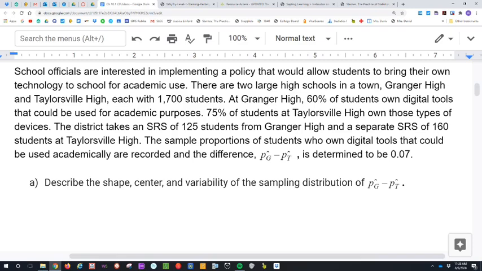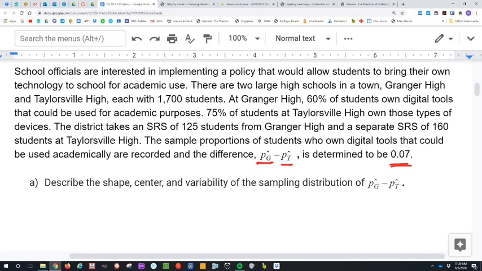If you read the symbols, this is the sample proportion of students from Granger High who own the technology, P hat sub G, minus P hat sub T, the sample proportion of students from Taylorsville High that own the technology. So the difference of the two proportions happens to be 0.07.